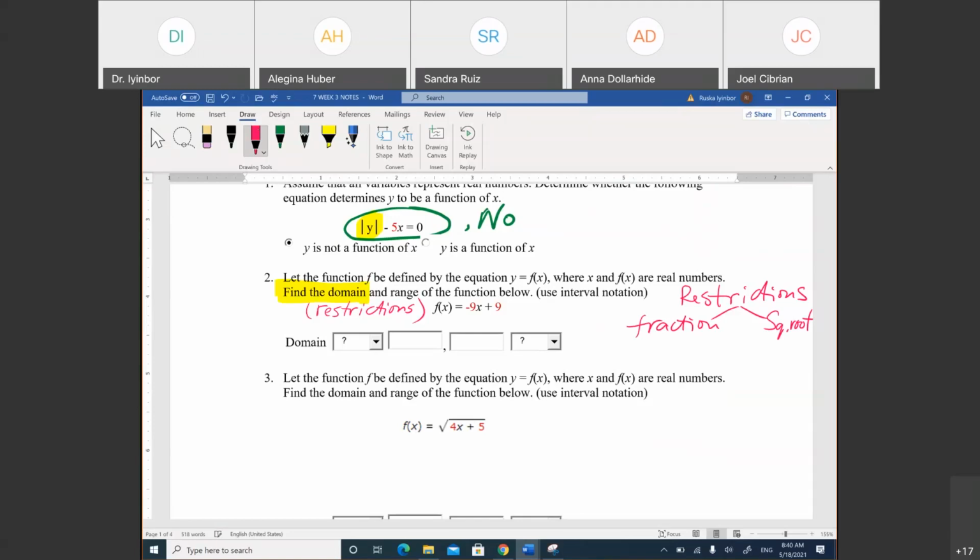Okay? Fraction. When you have a fraction, where is the restriction from? Why do you have restrictions in fractions? Do you remember? We talked about that in week 1. When you find restrictions in fractions, what do you do?